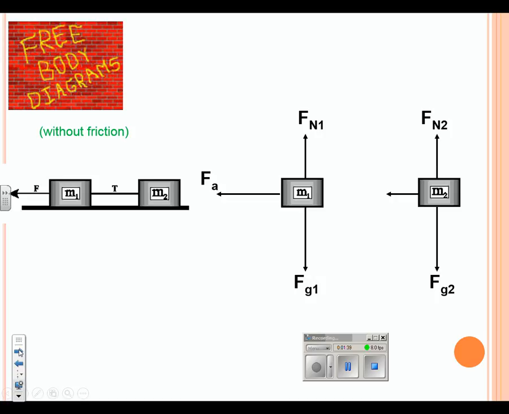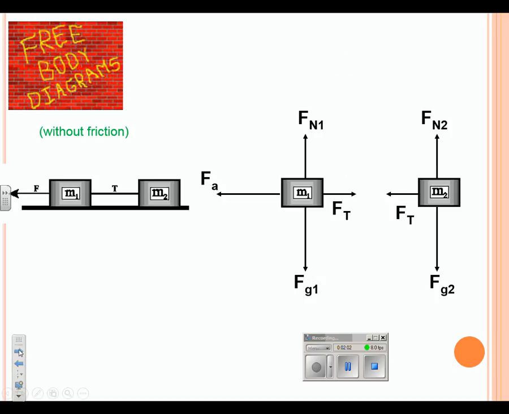So on mass 2, we're going to put a tensional force. Now, there is a rope between mass 1 and 2, so if mass 2 is being moved by that tension force, then there also has to be that same tension force on mass 1 because they're connected to the same rope. So that force is going to be the same on both of those objects.